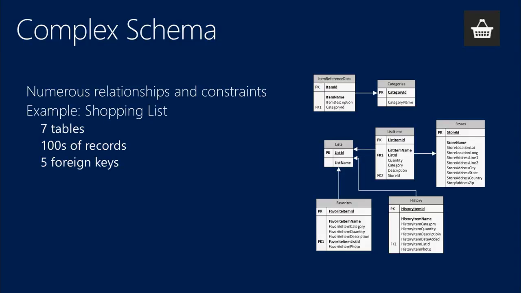You've got lists of shopping lists, and obviously a list contains list items, and list items are chained in turn to particular stores where the items can be fetched from, and then there's history and favorites and all these kind of things, these complex relationships between the different data sets. You just can't really do that with flat files. So that's what a relational database is, clues in the name, relational database. It handles relations between different items. That's what it's good for.